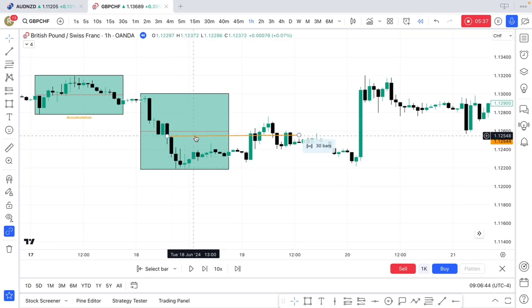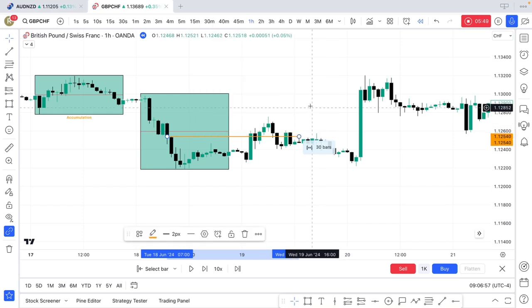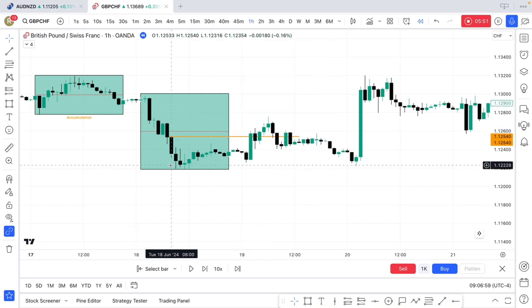125.40. This is 125.40. And I look for what? The low of this. The low of this is 123.16.